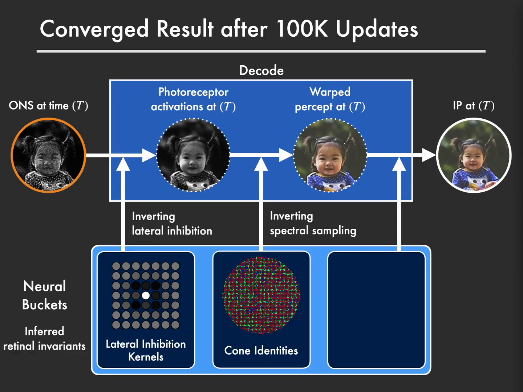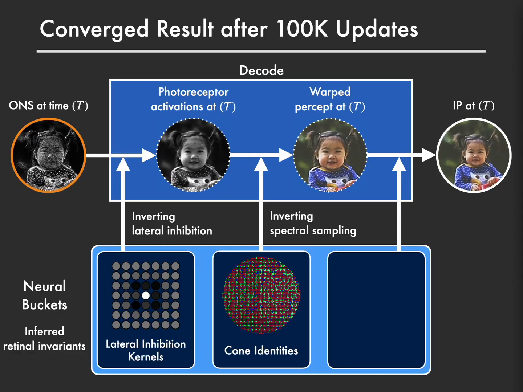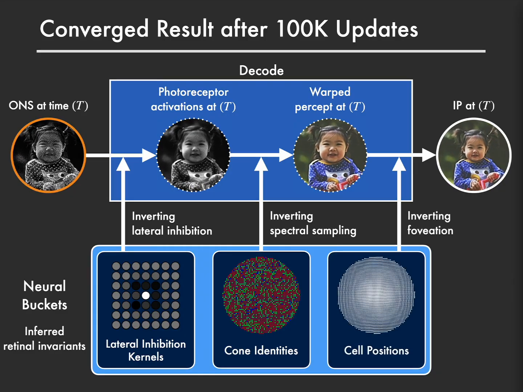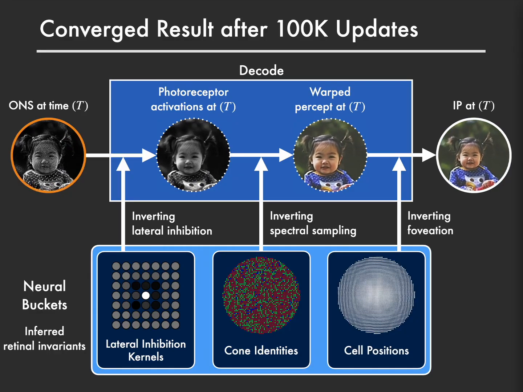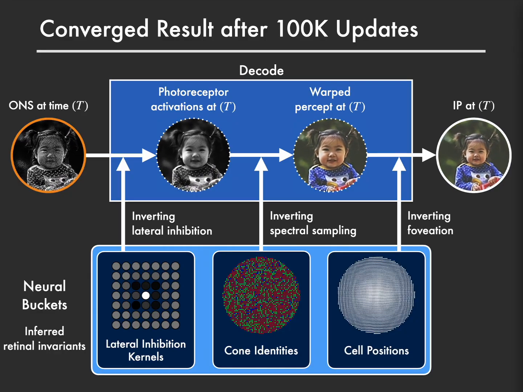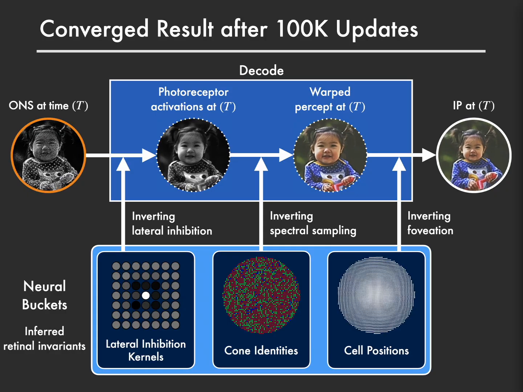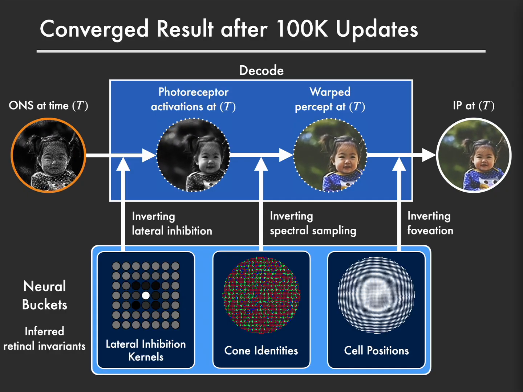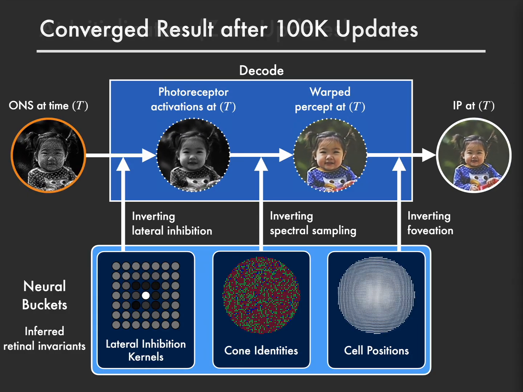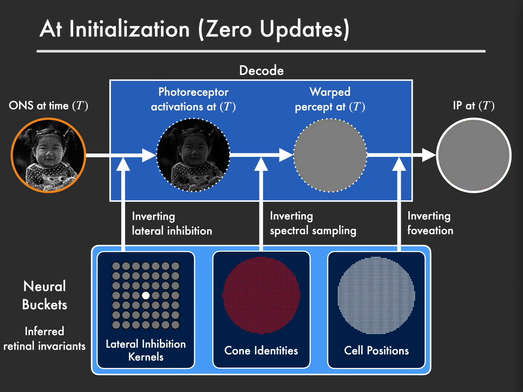But these images are still warped. So one last thing might be the positions of each cell. Then we can dewarp that image and invert the foveation to get the percept out. Of course, these retinal properties are not given and must be inferred solely from the optic nerve signal stream. Here's one possible initialization.